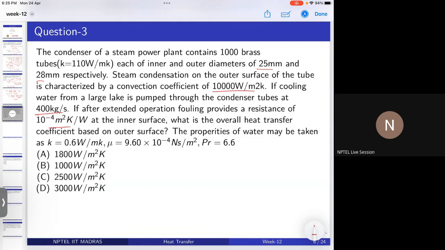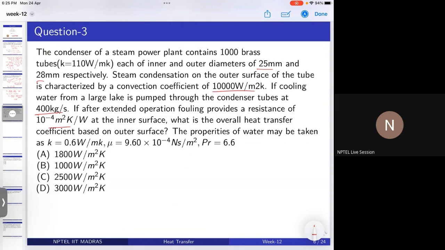I hope you understood the question. We have a condenser of a steam power plant which has 1,000 brass tubes, and through the brass tubes water is flowing, while on the outside surface steam is condensing. The condensation heat transfer coefficient is also given at the outer side.